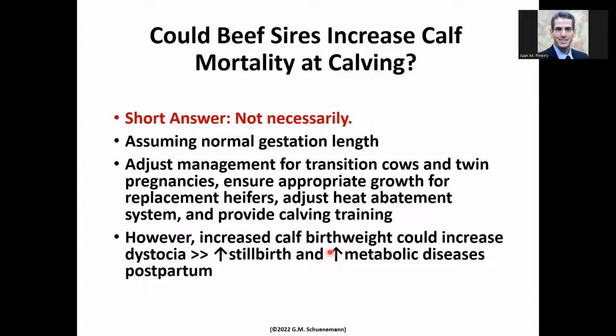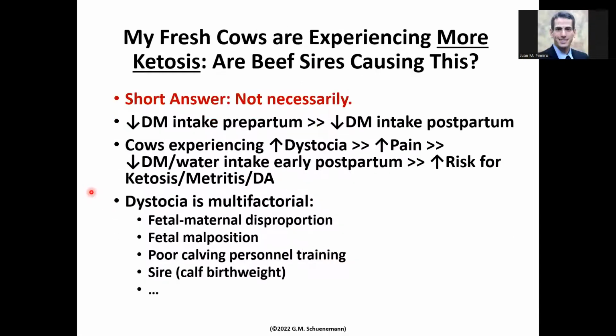But the issue here could be that maybe you have to look at calf birth weight. If it is heifers, you need to look at your replacement program. Are they growing at the right rate, right? Average daily gain is absolutely important for replacement heifers, right?